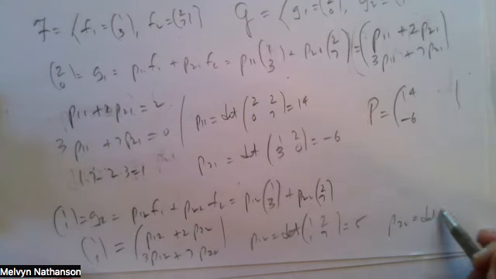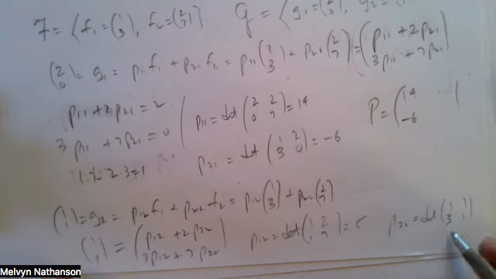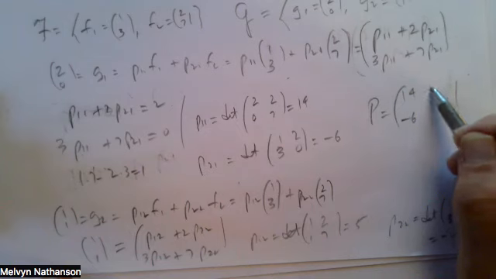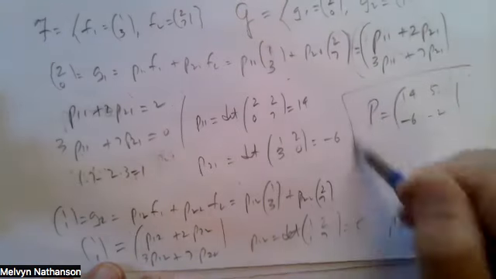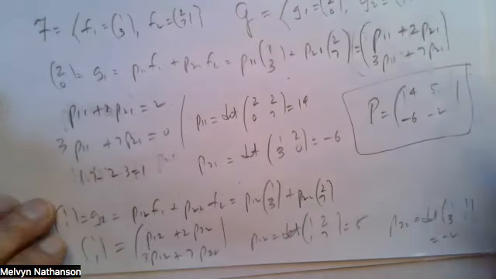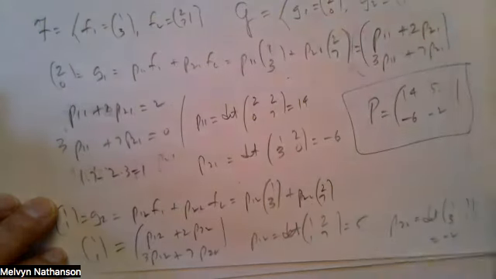P22 is the determinant of (1, 1, 3, 1), which is minus 2. Let's check: 5 minus 4 is 1, 15 minus 14 is 1. So the second column is 5, minus 2, and this is the change of basis matrix for this problem.